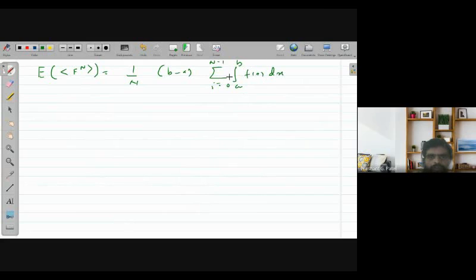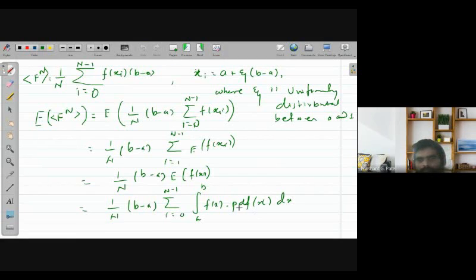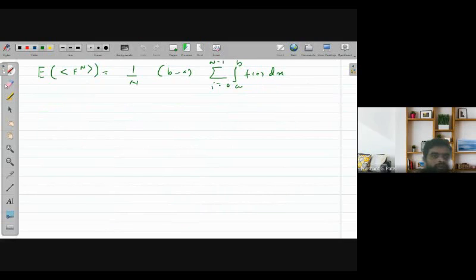Now this integral is independent of i and this summation is coming n times. The b minus a is cancelled with this PDF of x. So that's why this b minus a does not come here.